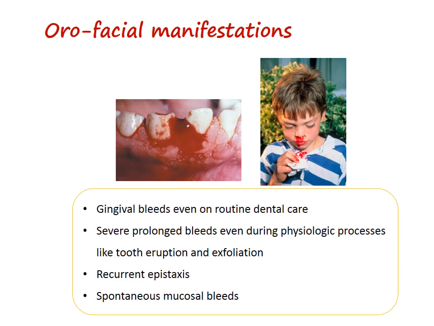Normally, when primary teeth exfoliate there is no bleeding, but in hemophilic patients there is severe prolonged bleeding. Even during tooth eruption we normally see no bleeding, but in a hemophilic patient we have excessive bleeding. Then recurrent epistaxis, which is bleeding from the nose, and spontaneous mucosal bleeds will also be there.